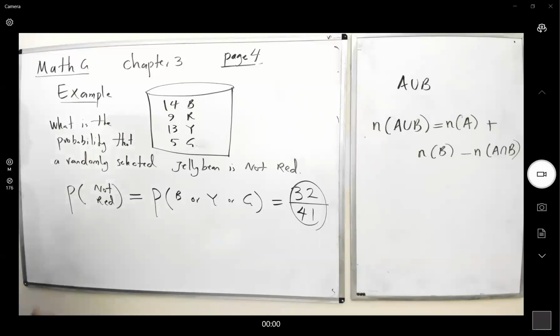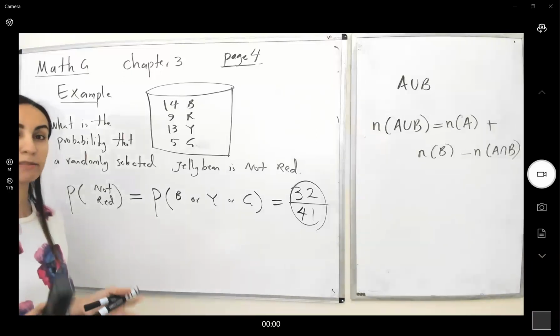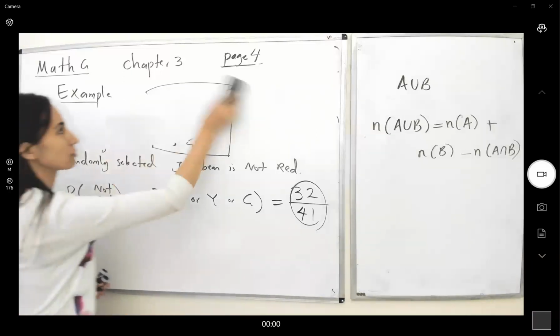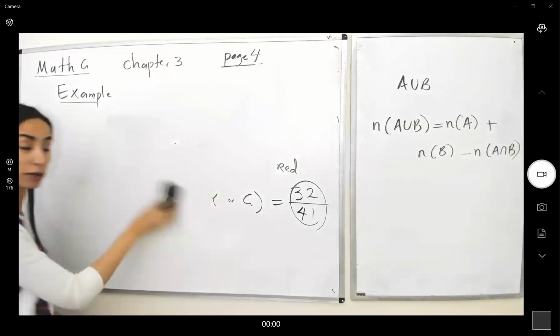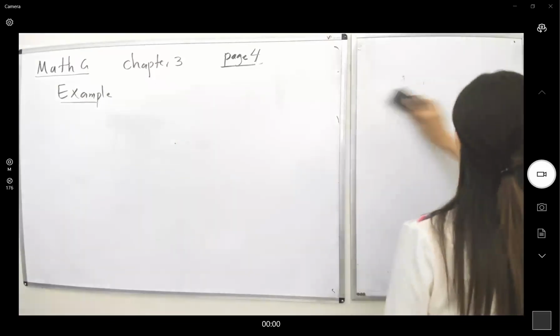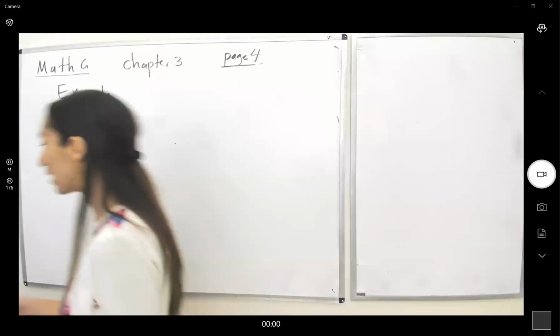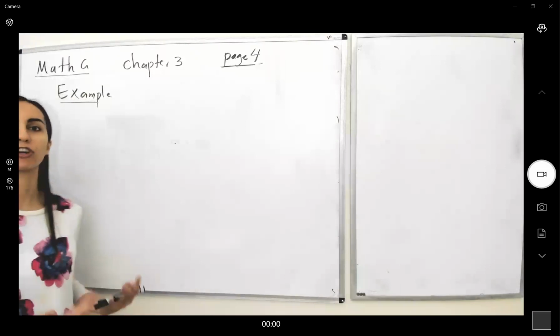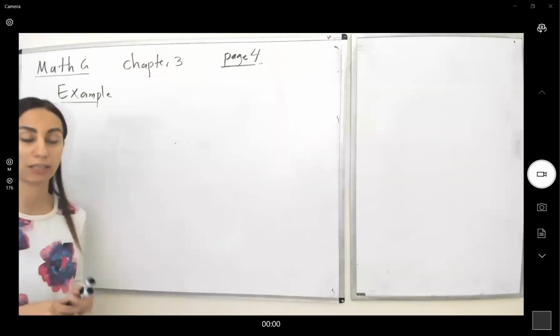Well, the next example actually makes it more interesting. Here you have a pair of dice. You roll the pair of dice and you want to find the probability of the following events.